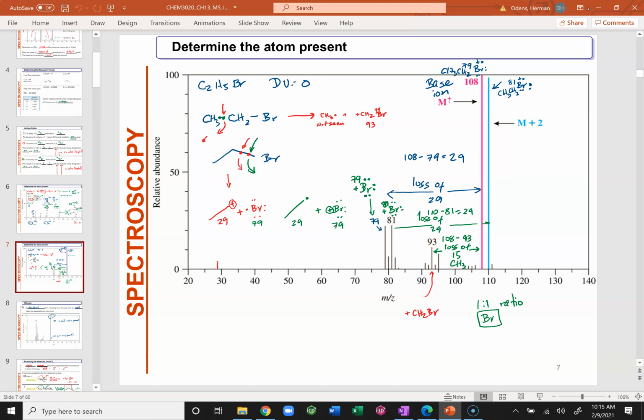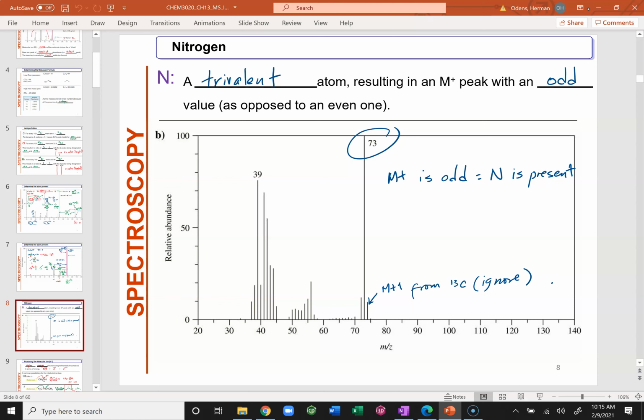So your M plus happens to be your M plus and your base ion. Notice that the M plus is just a bit higher than the M plus 2 in bromine. And don't worry, we're going to practice how to calculate these fragments today in lab and in class.